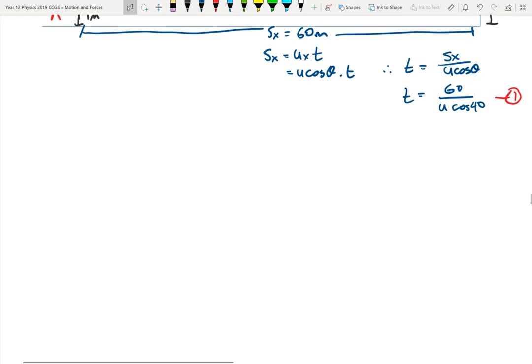Then we have our other equation from the vertical, and that is that Sy equals uyt plus a half ayt squared plus S initial. Well, we're going to say 3 meters equals u sine theta t minus 4.9 t squared plus 1.